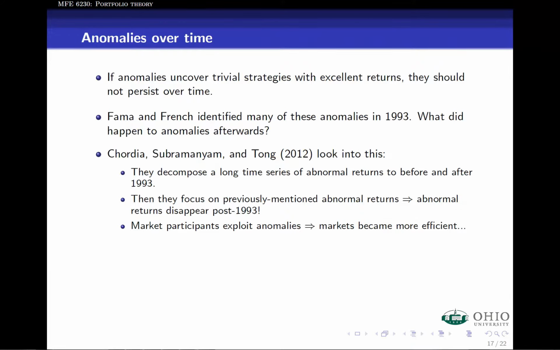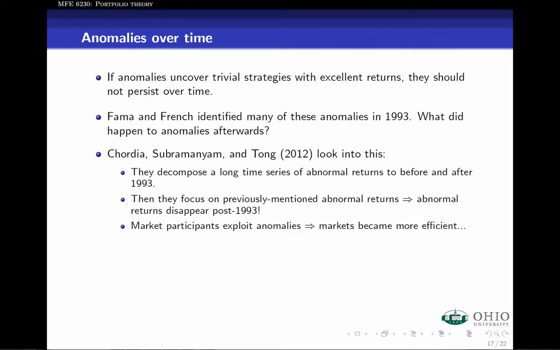this sort of debate led to studies that try to basically identify whether or not the discovery of these anomalies have actually impacted the investor behavior. And it looks like there is quite a bit of evidence that show that was so. For example, Cordias, Abrahamian, and Tong had this argument that, okay, Fama French identified whatever anomalies they claim there is in 1993.